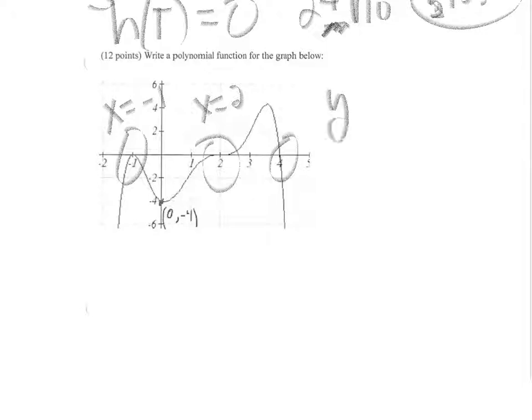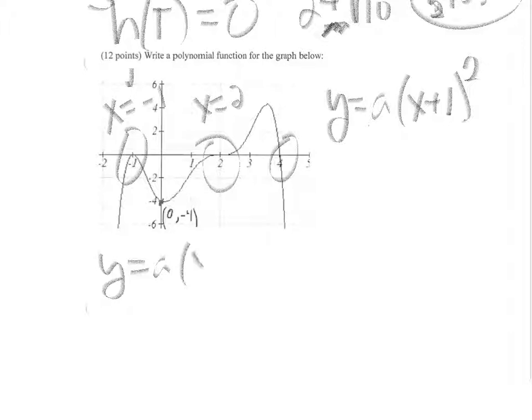So I know y equals some stretch factor probably times x plus 1 squared, that takes care of the double root. I'm going to rewrite this down here, y equals a times x plus 1 squared. I see a triple root at x equals 2, and I see a single root at x equals 4.